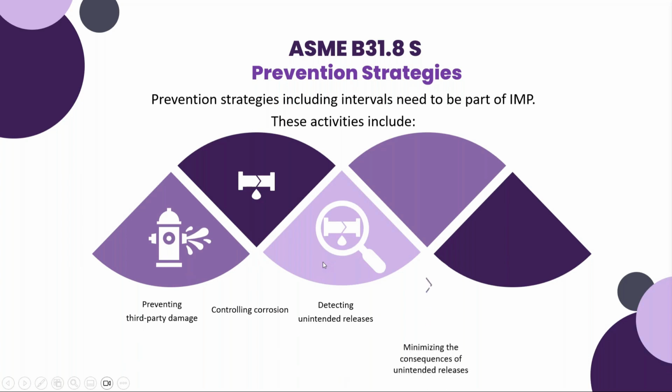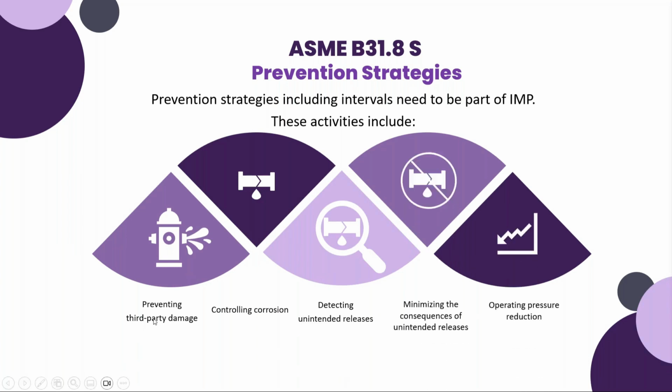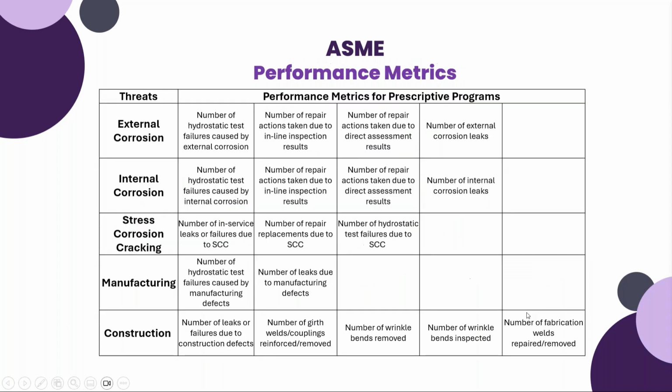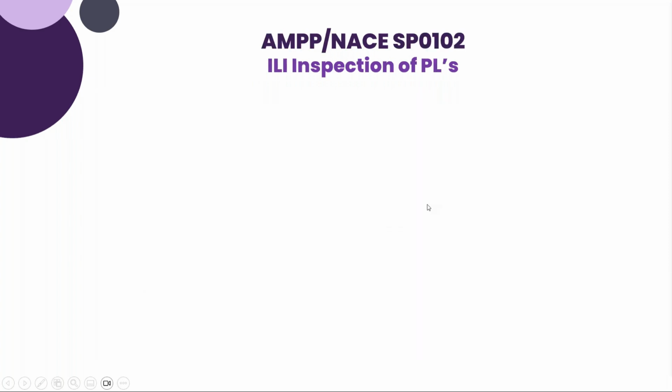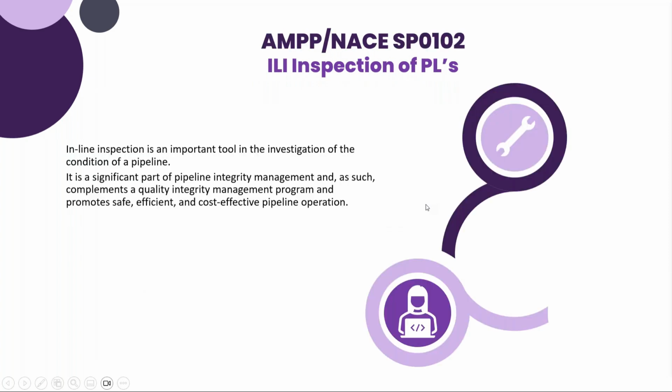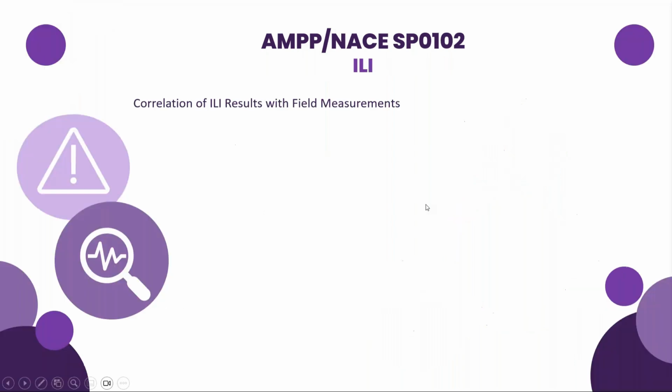Here's some of the stuff we need to look at: preventing, controlling, detecting, minimizing, and last but not least, pressure reduction. Here are some of the performance metrics. Again, you could use this as guidance.